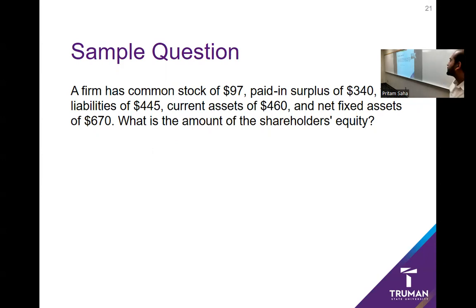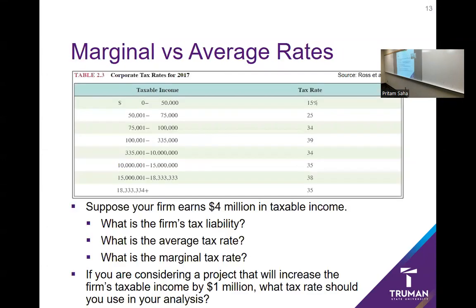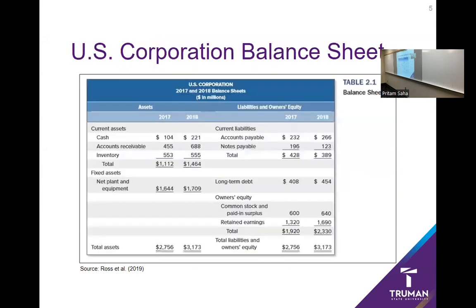And liabilities. Absolutely. So shareholders' equity is basically a function of what? We go back. Shareholders' equity is a function of common stock, paid-in surplus, and retained earnings, right? So there are two ways you can solve it. If we know common stock, paid-in surplus, and retained earnings, we are done.